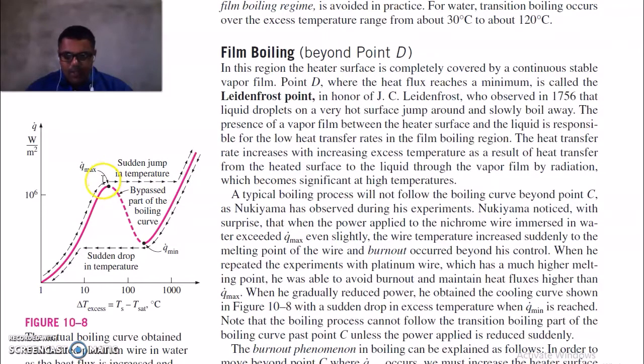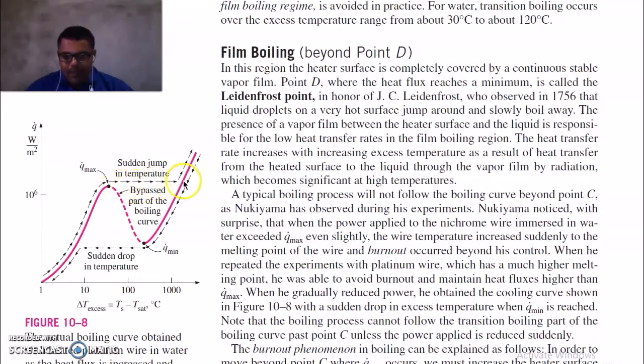Nukiyama noticed with surprise that when the power applied to the nichrome wire immersed in water exceeded this Q maximum even slightly, if you further increase the power a little, the wire temperature increases suddenly to the melting point of the wire. So there is a sudden jump in the temperature of the wire, and burnout occurs beyond his control.